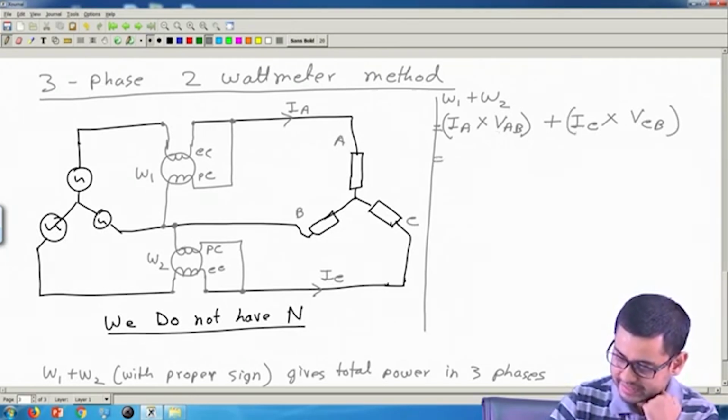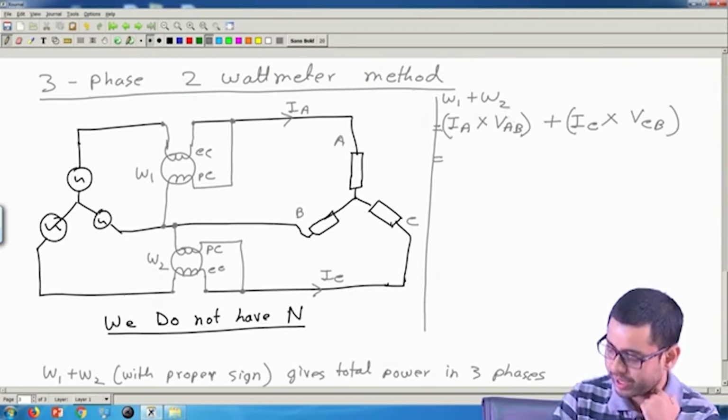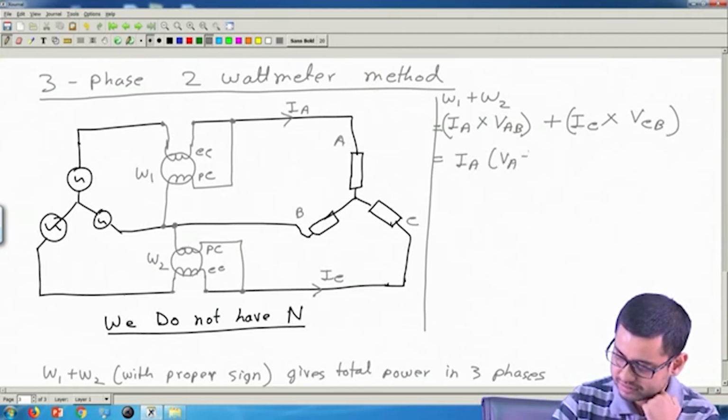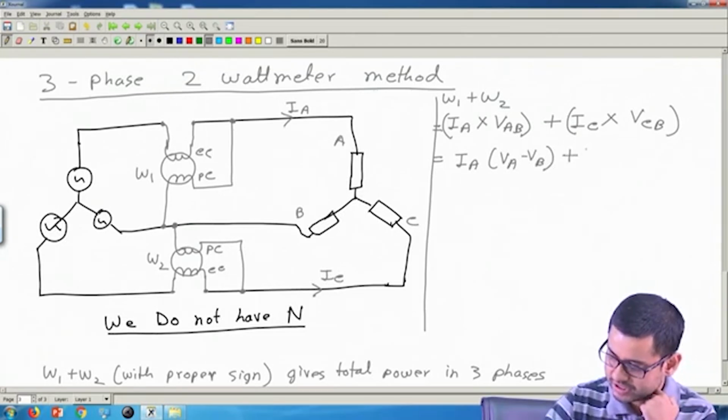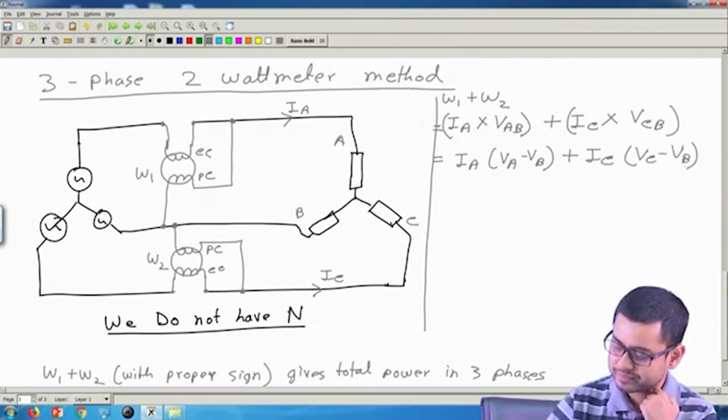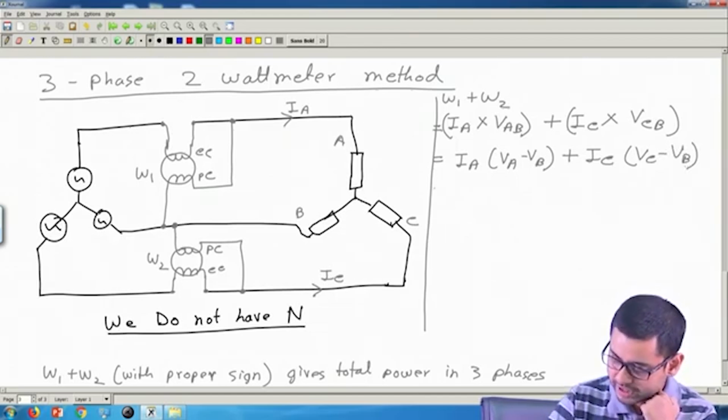Now by this I mean VAB means voltage of A minus voltage of B. Plus, here we can write IC multiplied by VC minus VB. Okay. So then what we have?